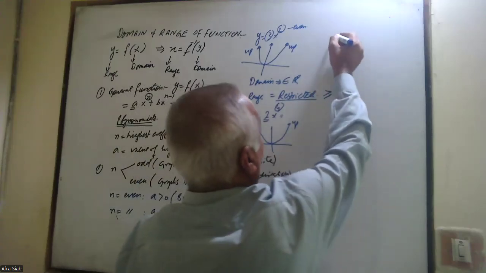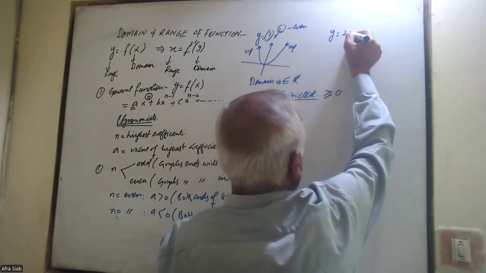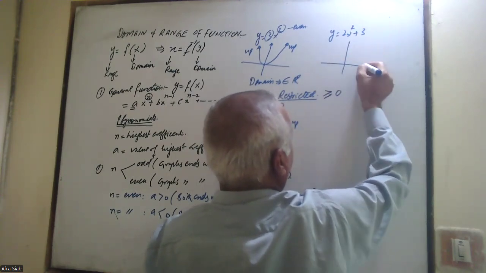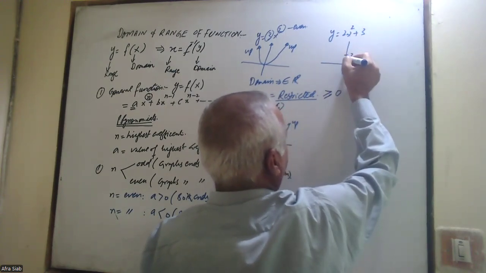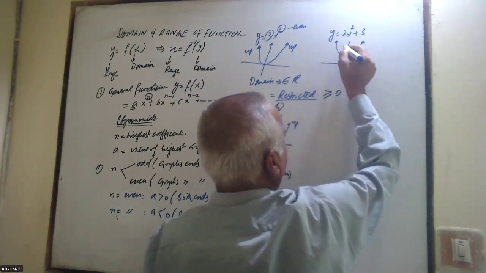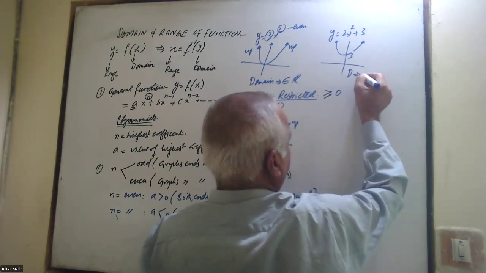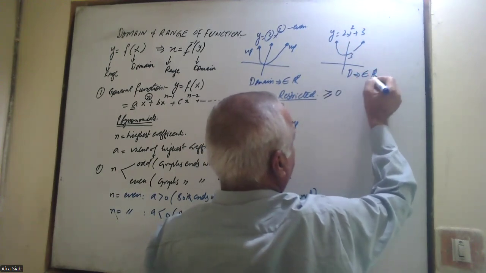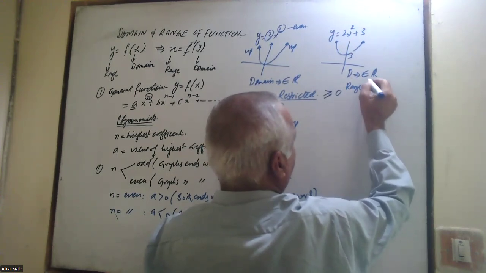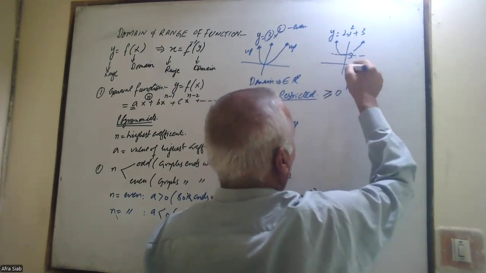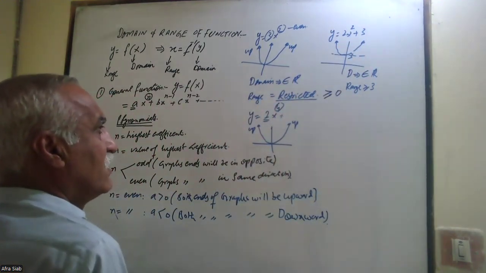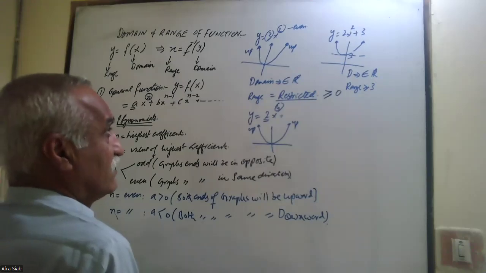For example, if we take 2x squared plus 3, then the graph is shifted by 3 units up. You have seen in this case that the domain belongs to all real numbers, but the range of that graph is greater than or equal to 3, because all values are above 3. So this is the way that we can find the domain and the range of a given function.